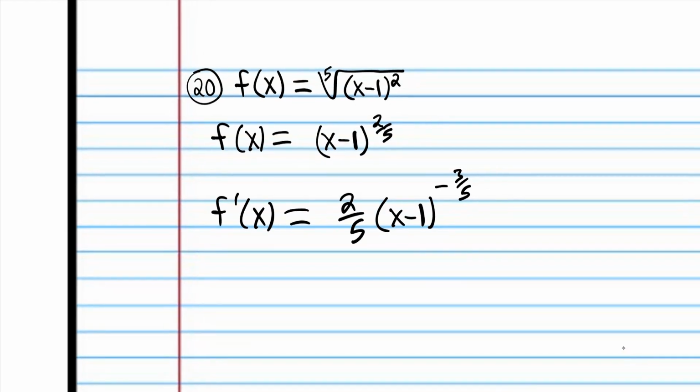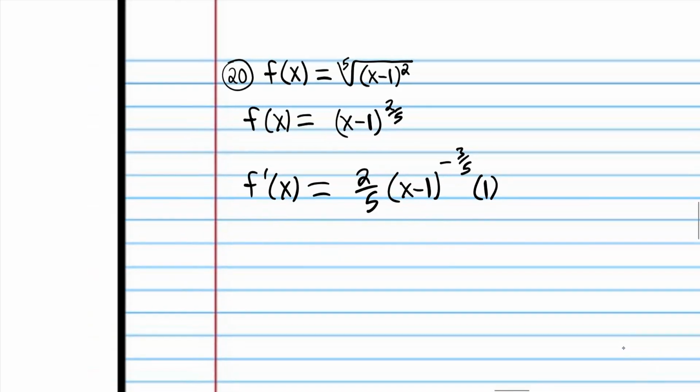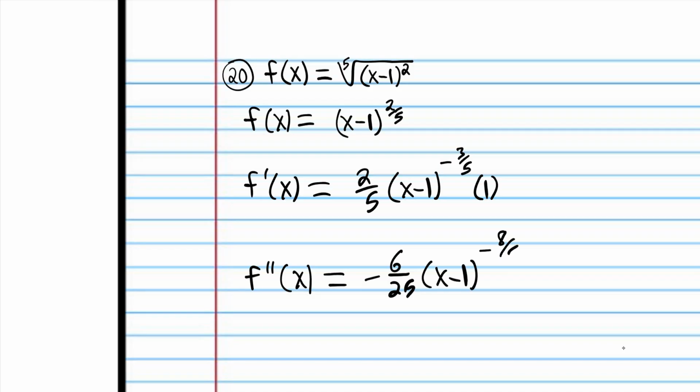Then we can find the first derivative. And we would have to use the chain rule, but the derivative of the inside is just 1. So, okay, now we're going to find the second derivative. And so we're going to bring this down and multiply it into that, and we get negative 6 over 25. Subtract 1 from the exponent, and we get negative 8 over 5.